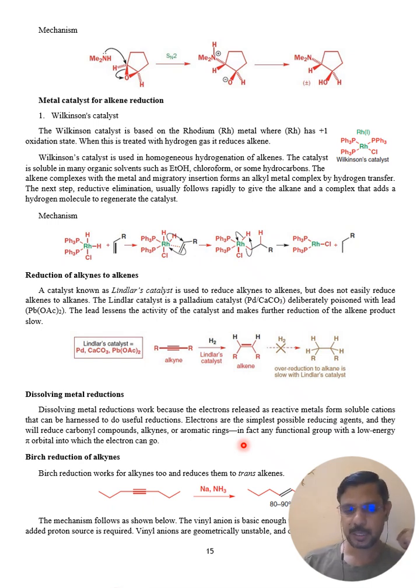This dissolving metal reduction also reduces the alkyne, reduces the C triple bond C to C double bond C. Okay, so this reaction is again a stereospecific reaction. This dissolving metal reduction always gives a trans product. Okay, so you can see the trans alkene as a product here.